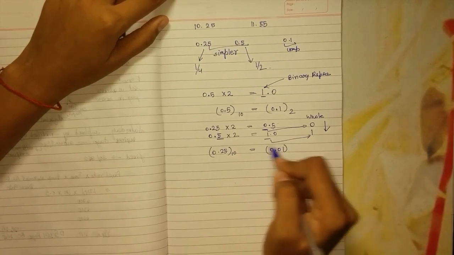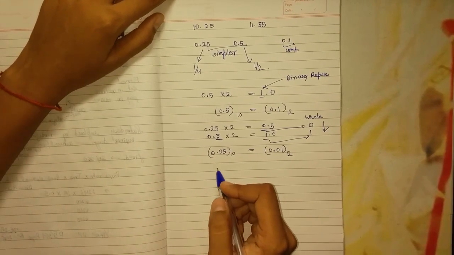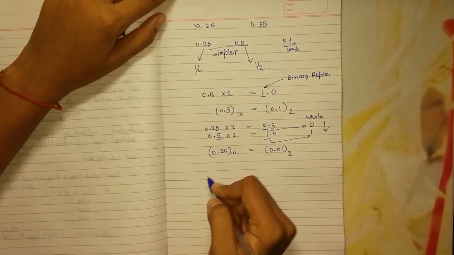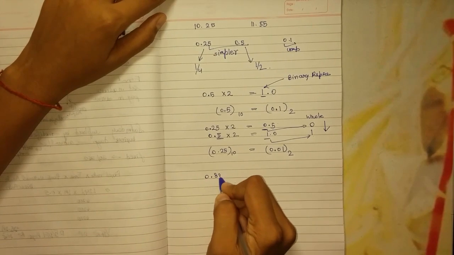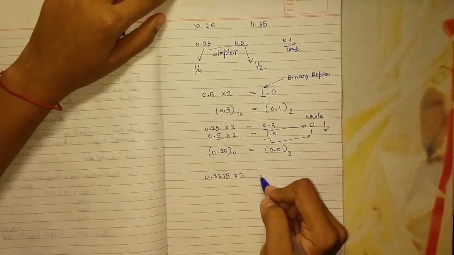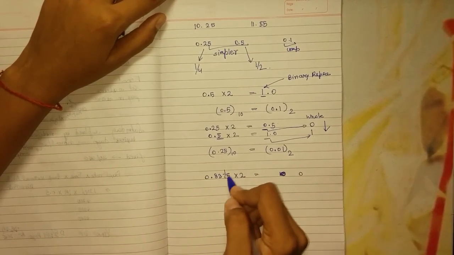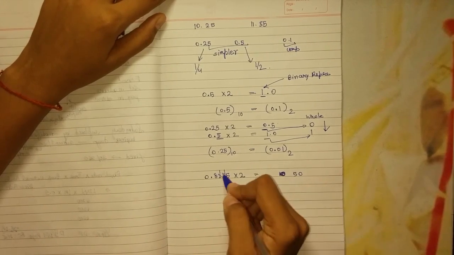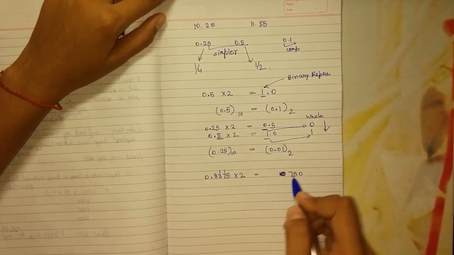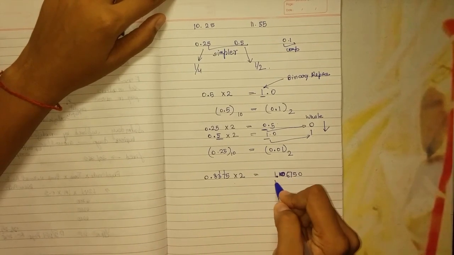0.01 of binary. Now let's take a big number, 0.8375. So we need to multiply 0.8375 with 2, we get 1.675.